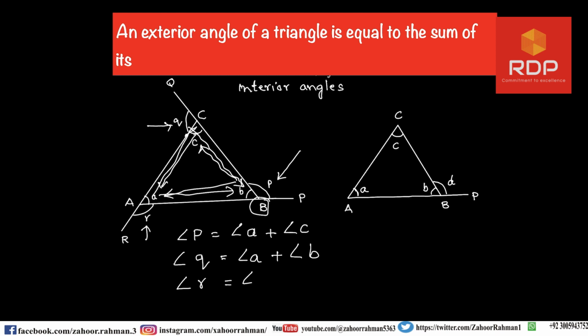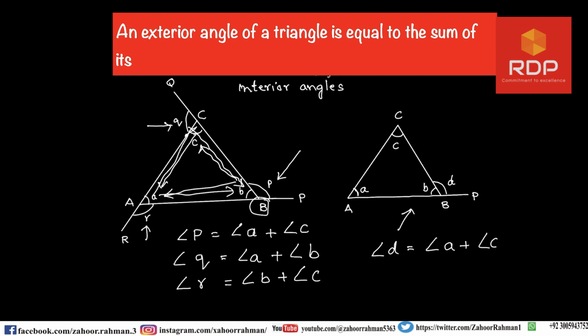In this case, it will be the sum of the opposite angle, and that is angle C. In this particular example, if we are talking about angle D, then angle D is equal to angle A plus angle C, because these two angles are opposite and they are interior angles.